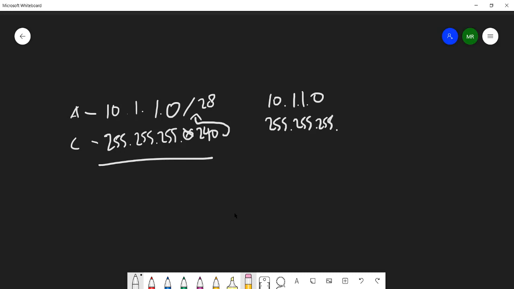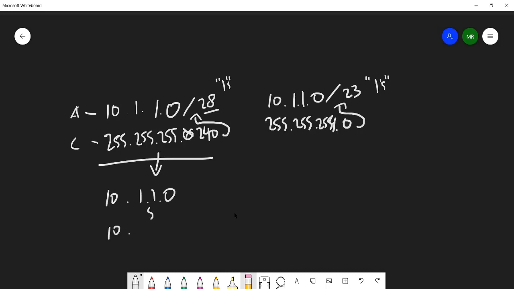But if we have 255.255.254.0, then we have /23. /28 means we have 28 ones, which notifies the range of network bits and host bits it can hold. And /23 means we have 23 ones.